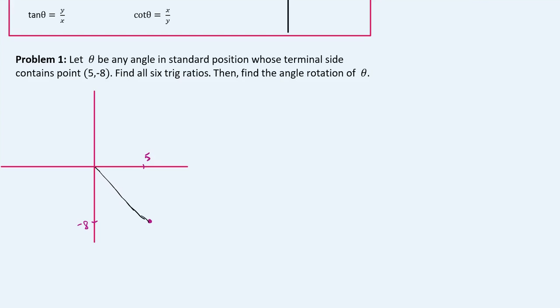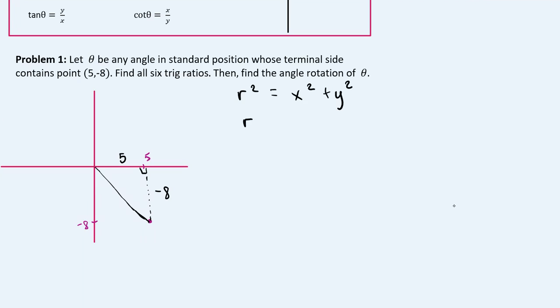So then we can create our right triangle. The horizontal and the vertical side make a right angle. And so then that means it went to the right 5 units and down 8 units. So that's -8. So we can use Pythagorean theorem to find what the radius is.